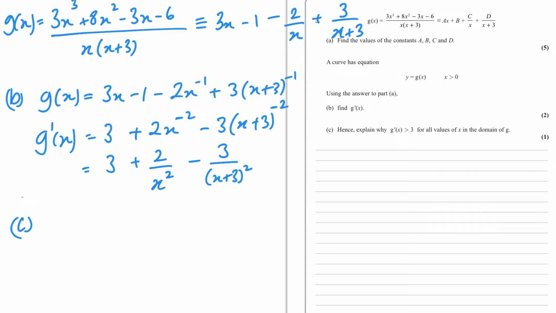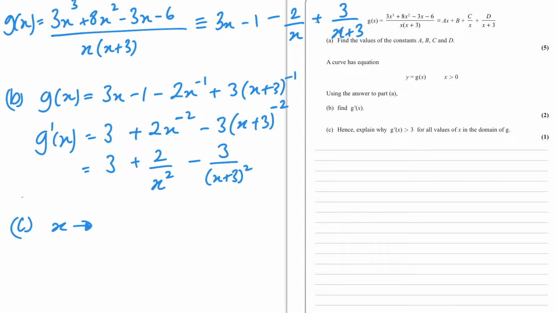So the first thing that we can say is that you've got x squared and you've got this bracket with x in it squared. So these values are always going to be positive. Okay, so let's just have a look now.